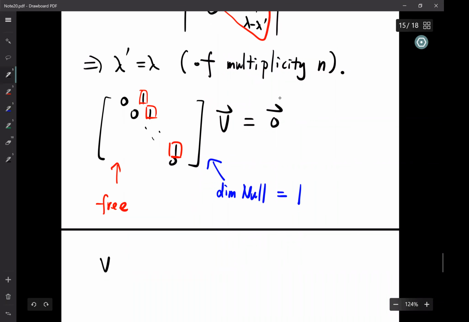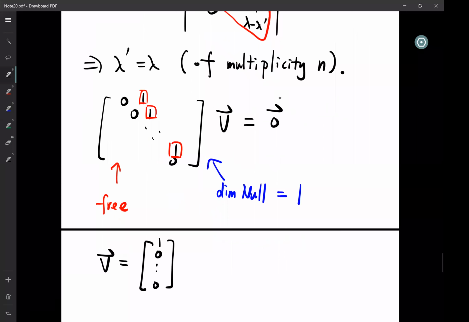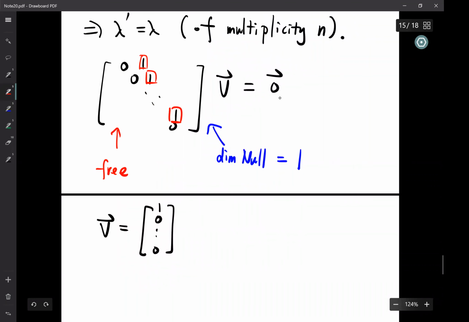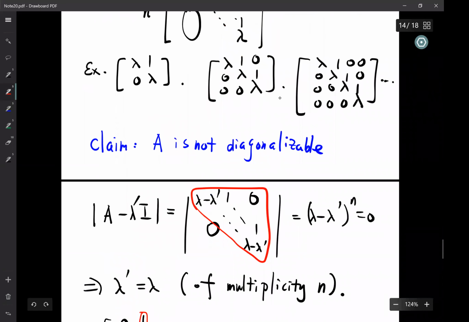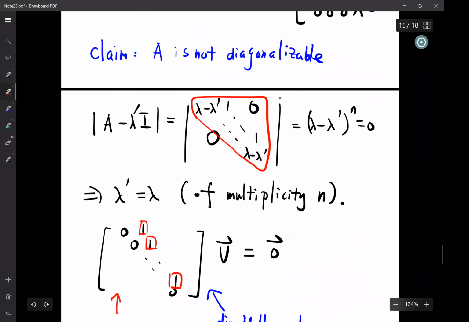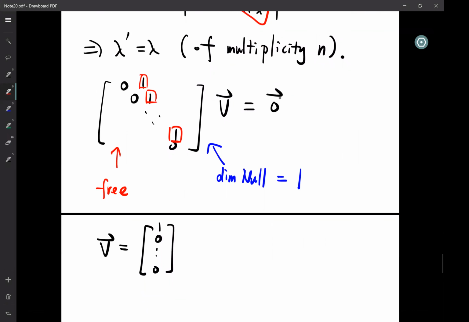So there's only one eigenvector, which is 1, 0, 0, 0, and that's it. So what I showed was actually a little bit stronger than what the theorem suggests. Not only do I have an arbitrarily large matrix that's not diagonalizable, there's a maximal discrepancy between the number of eigenvalues counting multiplicity and the number of eigenvectors. We have only one eigenvector.